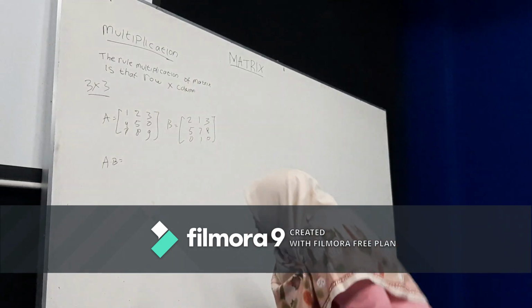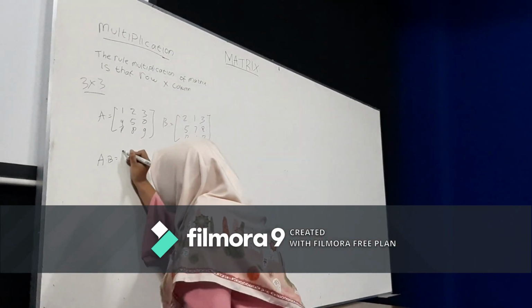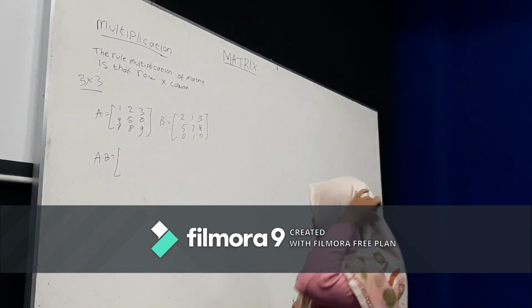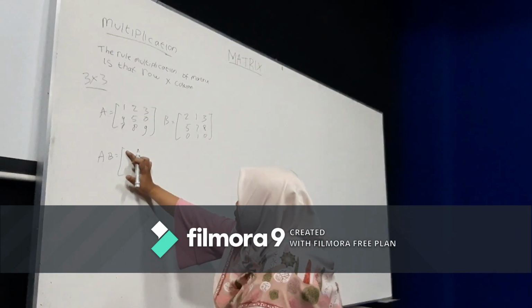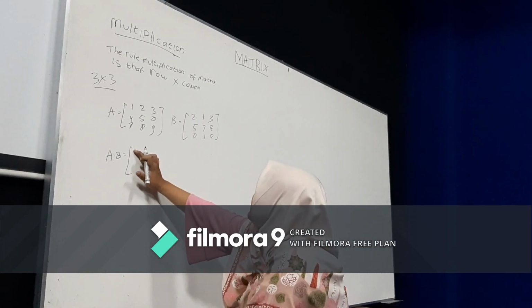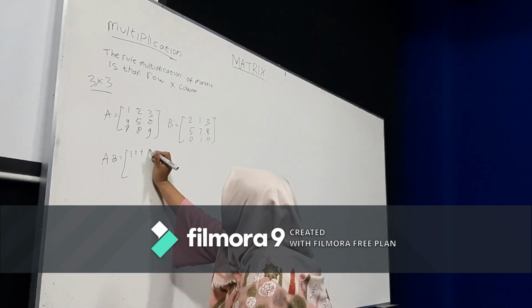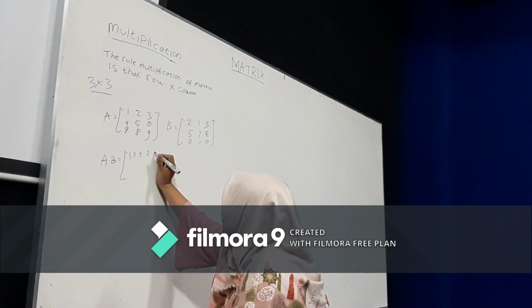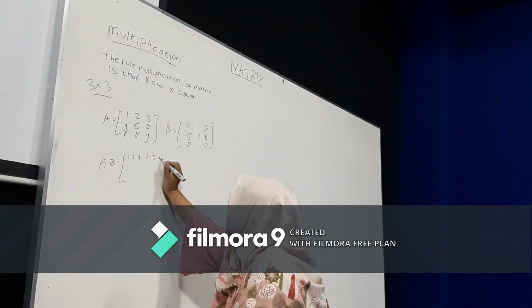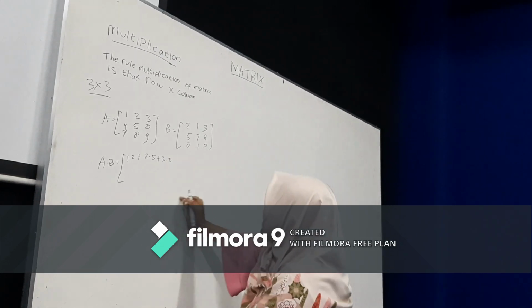Okay, the multiplication A times B is equal to open bracket. For first row, first column is 1 times 2 plus 2 times 5 plus 3 times 0.